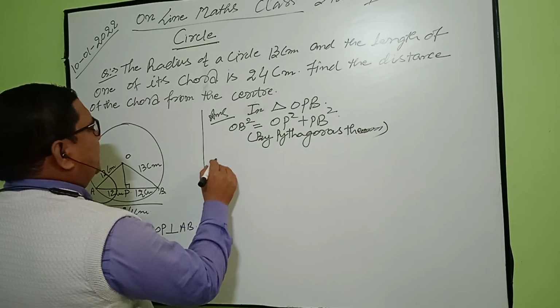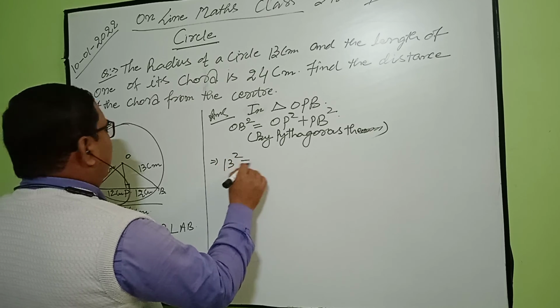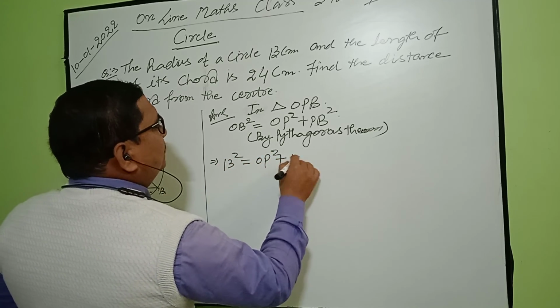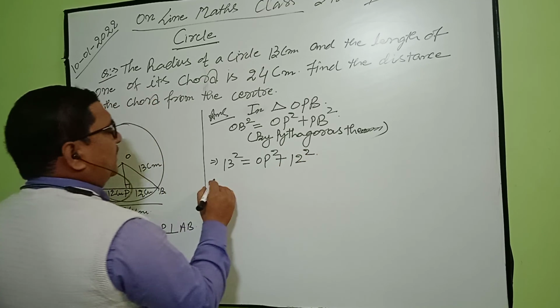OB is equal to 13 square, OP we have to find out, PB is 12 square.